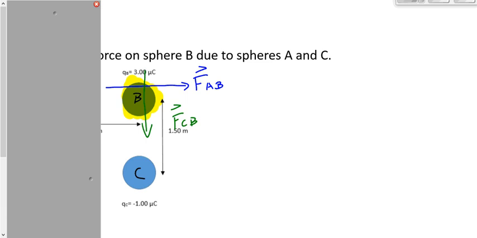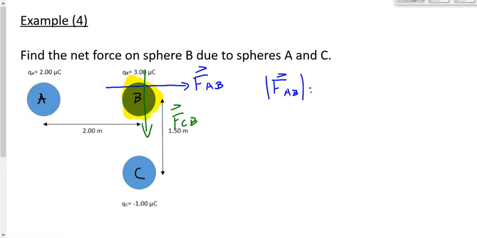Find the values of these forces. We can do that. FAB is kQAQB over r squared. Good news here. We did example number 3 yesterday, and example number 3 had exactly the same charges, exactly the same distances. So the force between A and B is going to be exactly the same.